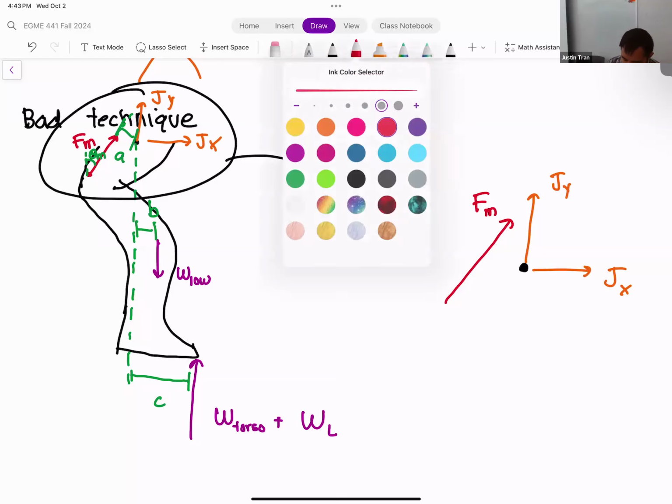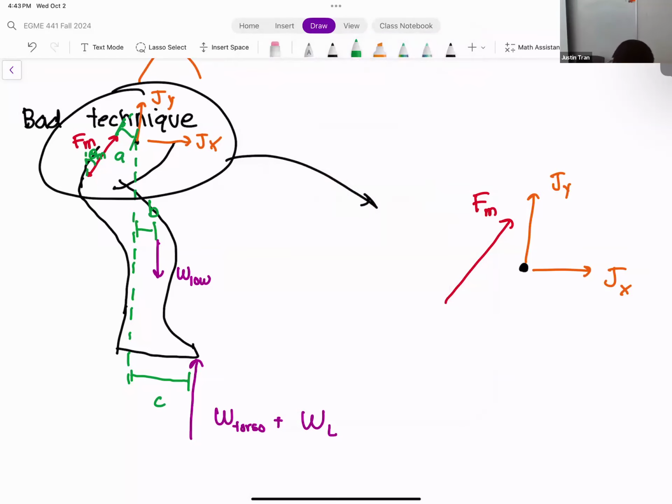We know the perpendicular distance between the muscle force and the joint, so we call that A. And the direction of the muscle force will be theta m. That's just a blown up version of what's up top, because the image there is a bit busy.